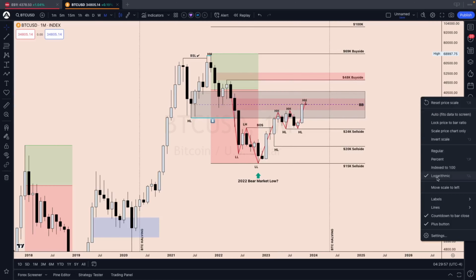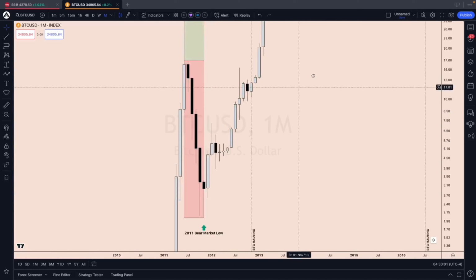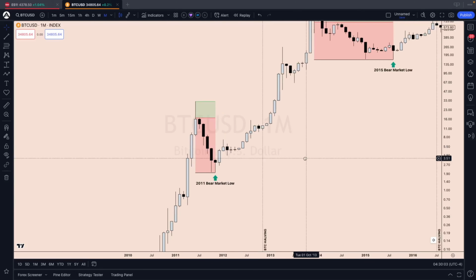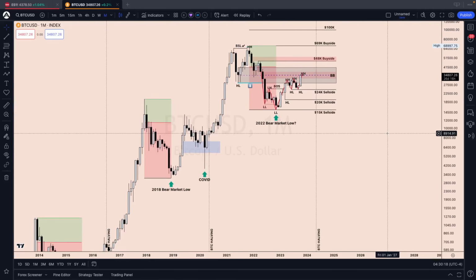We're using a logarithmic chart, because otherwise we won't really see what happened on the monthly time frame during 2011, as relatively speaking the movement is significantly smaller. We had our peak at 32 US dollars and our low at $2. Nowadays we're talking about differences of tens of thousands of dollars, from 70,000 all the way down to $15,000. That's why we have to use a logarithmic scale here.